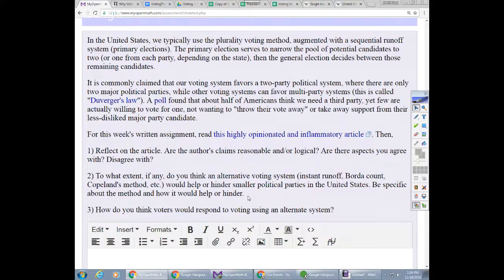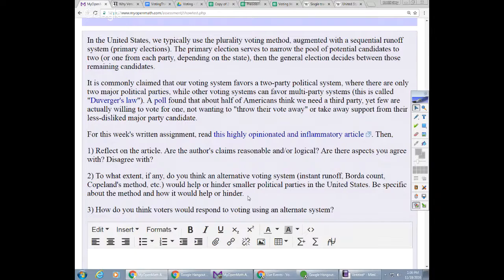Now, the interesting thing about a preference ballot is if we did have preference ballots, it would give us a lot more information that the electors could look at, and they could weight things differently. So when we look at, for example, one-to-one comparisons, or we take a look at the ranked voting, that would just give us more information to look at.